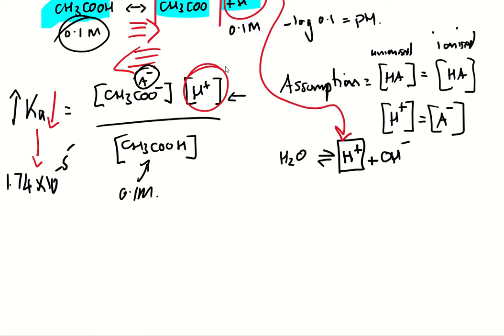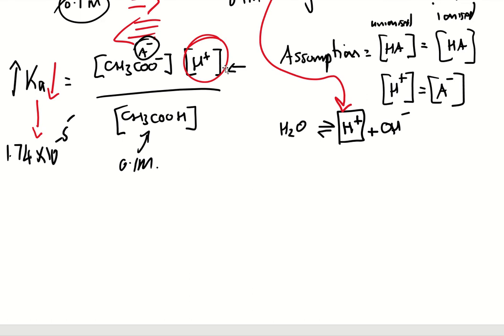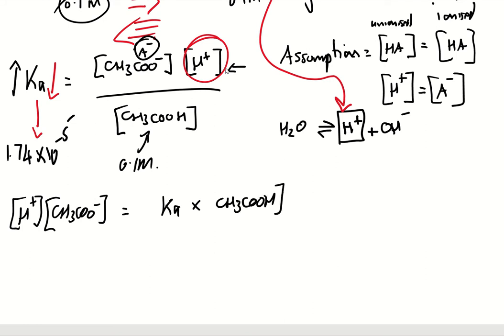Right, so let's have a look and see how we rearrange this equation to make H+ our subject, and from there to get the pH, because that's essentially what we need to do. We know that the H+ and the A-, I'll just write it out for ethanoic acid, we know that they are equal, so therefore they are equal to the Ka multiplied by the concentration of the unionized ethanoic acid.